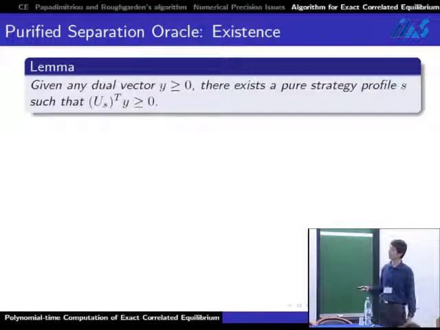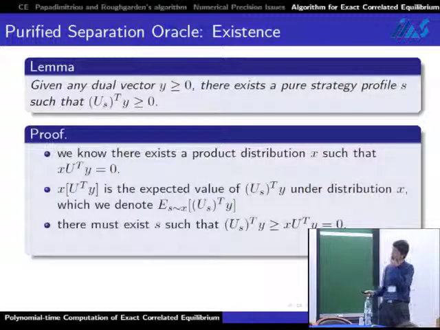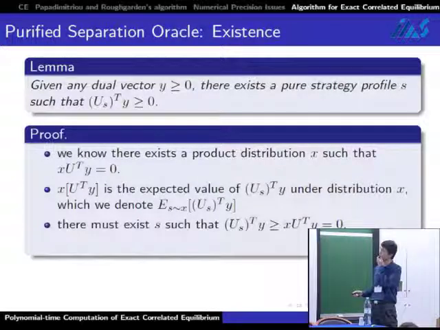The answer is yes, and it's actually fairly easy to prove. Given any vector y greater or equal to 0, we can find a pure strategy profile S such that the corresponding row in the dual program is greater or equal to 0. We can prove this by starting with the product distribution X such that X U transpose Y is 0 from the previous lemma.